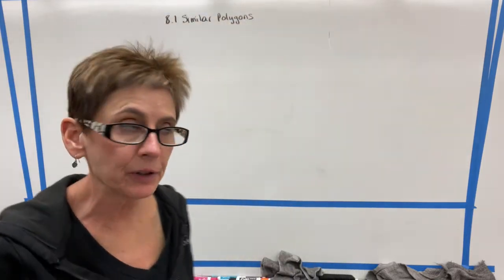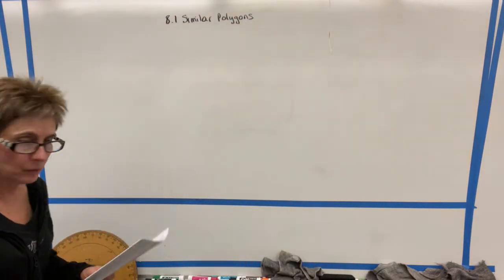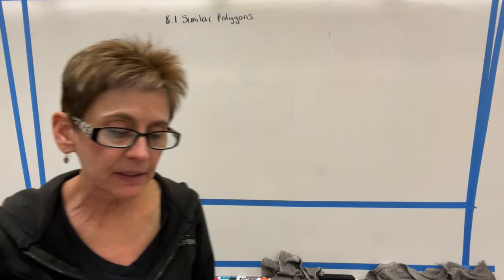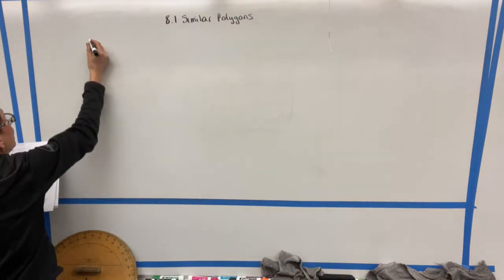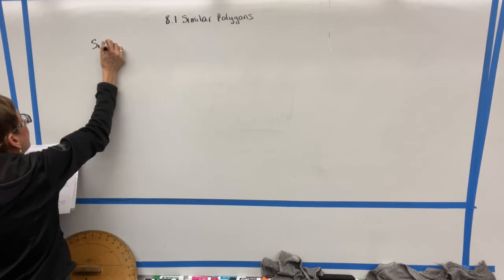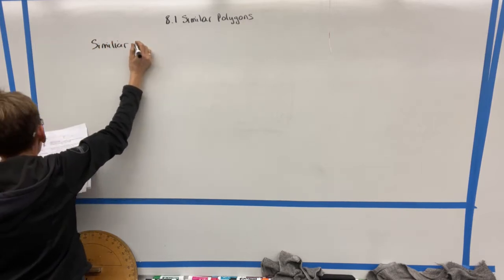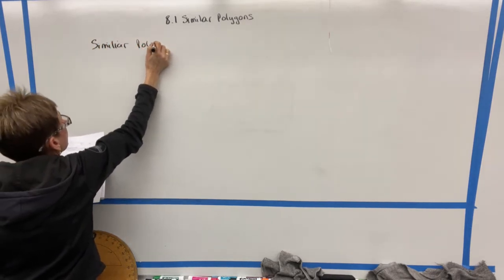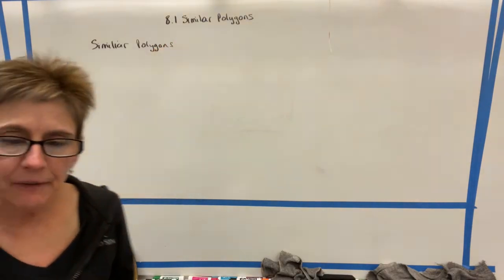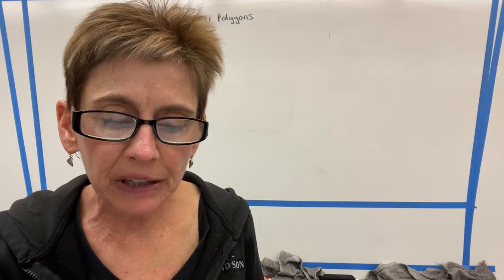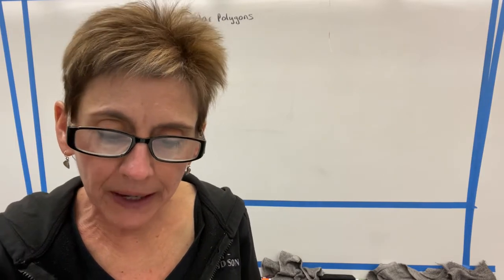So at the top of your notes, you should just write 8.1 similar polygons, and then we'll do the vocabulary words first. So the first vocabulary words are similar polygons, and I will read you the definition, and then I will also give you 2 pictures that go with that.